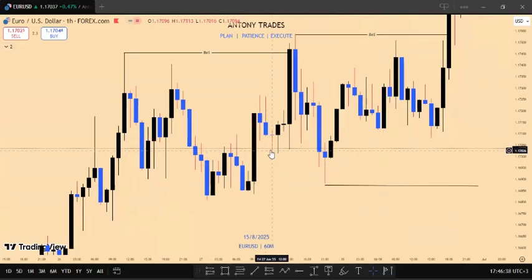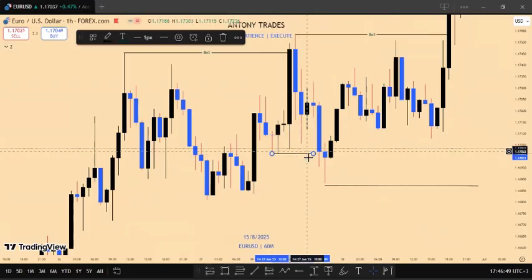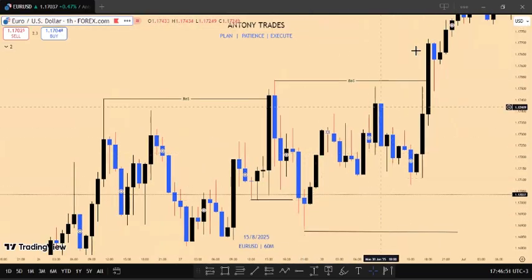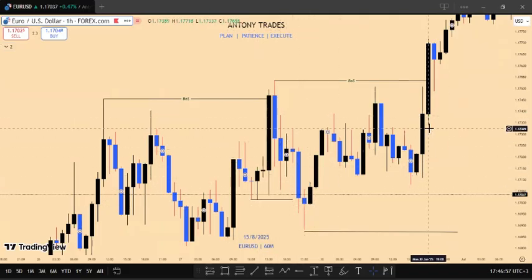You can see this is our minor inducement or minor liquidity that was swept below this block. So there was liquidity below this block, like this. So the market swept liquidity before this impulse move. So now that one validates this one to be a valid pullback.